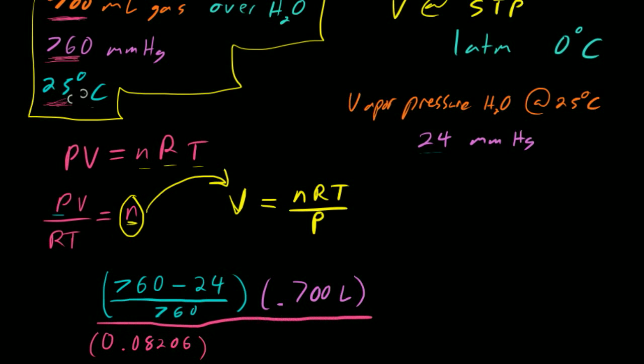So we have this in Celsius, so we have to convert it to Kelvin. So what is 25 plus 273 to get us up to Kelvin? Well, it's going to be 298, right? So that's even a good thing to memorize.